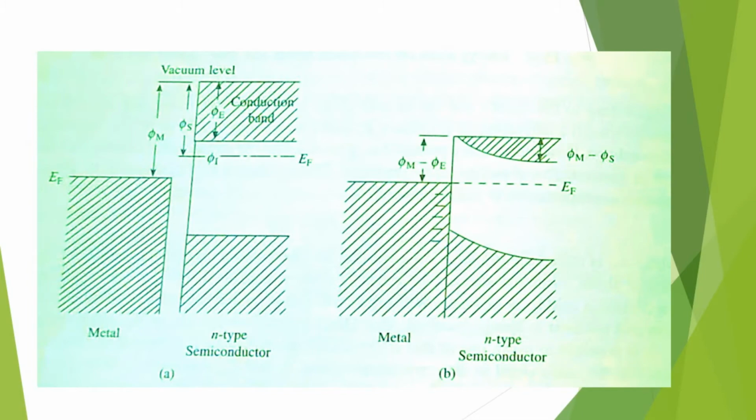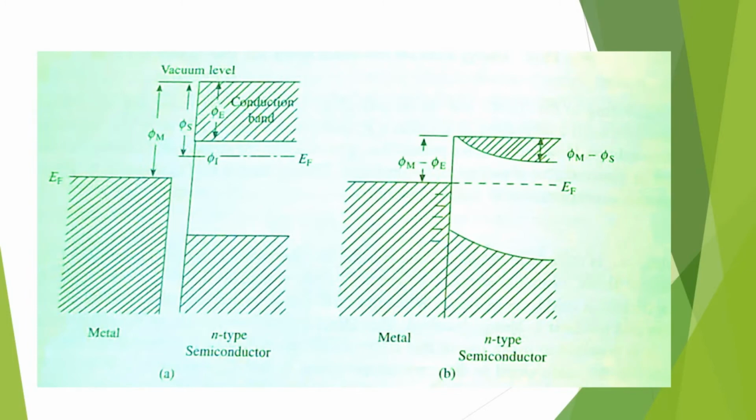However, the flow from metal to semiconductor remains as it is. So this is the case when mostly no electrons are flowing from the semiconductor towards the metal. We can say that this configuration is a reverse biased metal semiconductor junction.